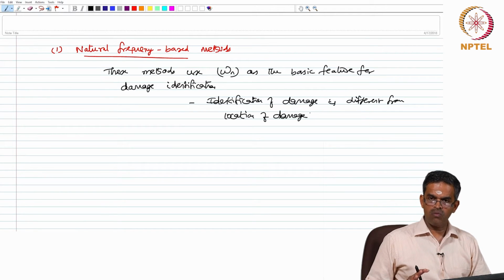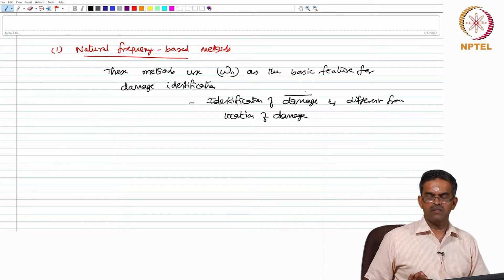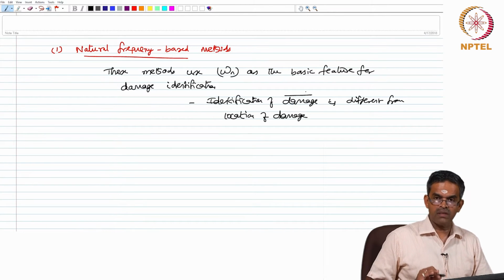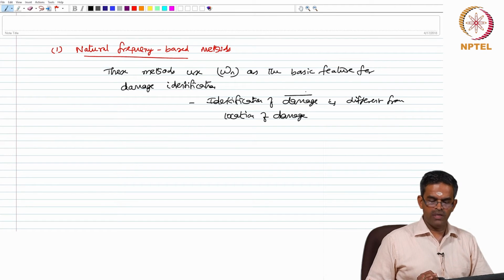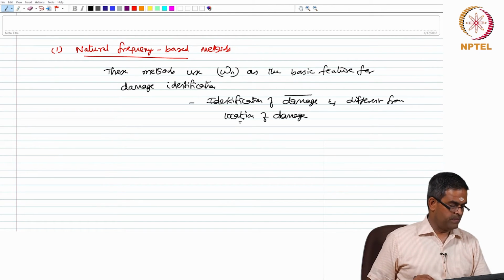The first foremost is to identify that there is a damage in the system. So, we are talking about methods which are useful in detecting or identifying the damage and not going to an extent of saying the location of the damage is identified.